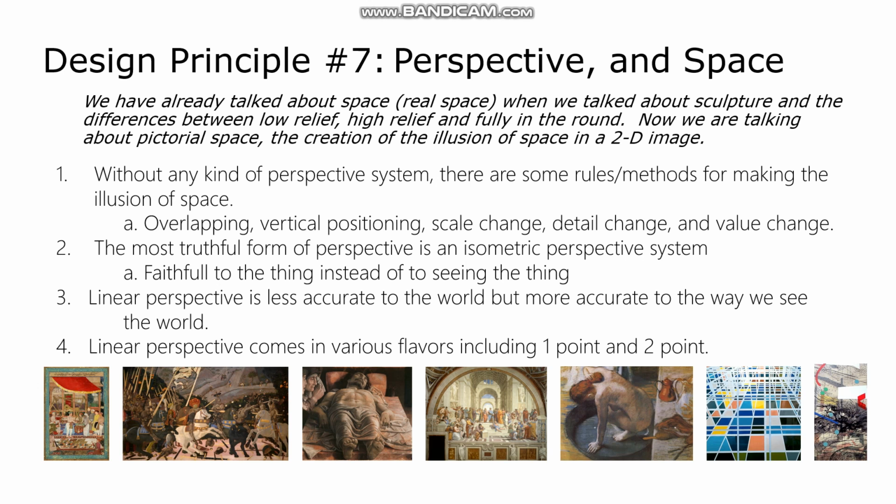Some of the main points about this lecture will be, first of all, that perspective systems are not the only ways to make space, but then also we're going to be talking about the different kinds of perspective systems, the differences between isometric perspective systems and linear perspective systems, and then the different types of linear perspective.